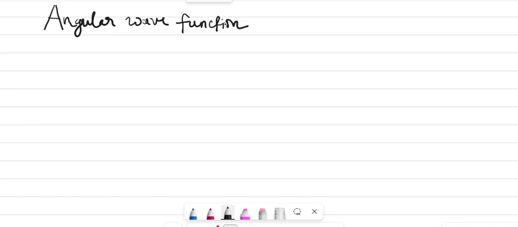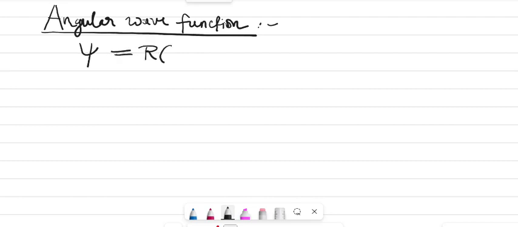We will be discussing the angular wave function. As we know, the total wave function psi is represented as the product of the radial wave function R(r) and the angular wave function, which is given by A(theta, phi).